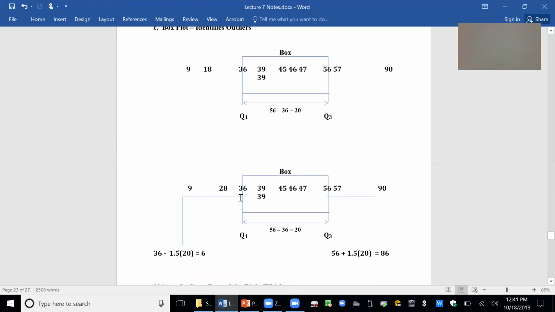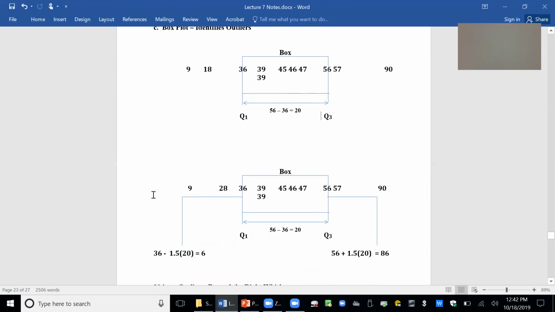Now, if we take this distance here, 56 minus 36, or 20, the width of this box, and extend that out, and my drawing is not drawn to scale at all, because it should be 1.5 of those. My whisker should go this long, and then another half should go out, maybe out to here, but I couldn't get it on the page.